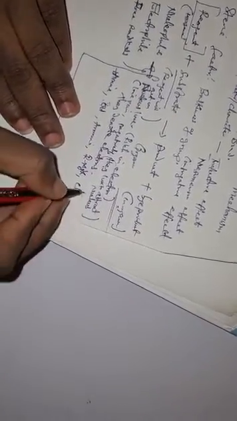Examples of nucleophiles are the amine, the alcohol, the ammonia, the Grignard reagents, the chloride ion with negative charge, the SO4 2 minus, all those substances with negative charge and lone pairs of electrons. The amine group, the alcohol group.